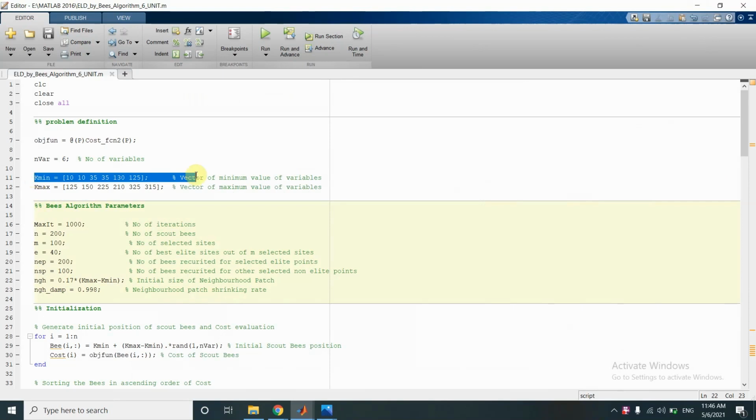From here we know the maximum and minimum generating limits of each of the six generators. Now if we subtract the minimum limit from the maximum limit, we get the range of that particular generating unit. The same thing can be done for the other generating units. So this is the total range, the total workspace or search space.